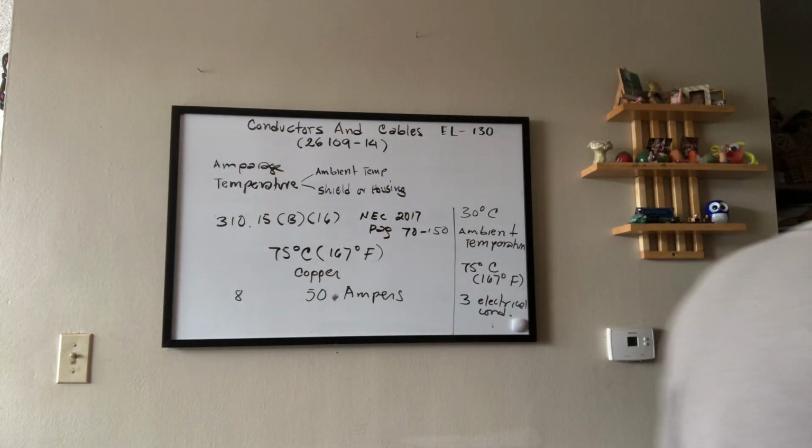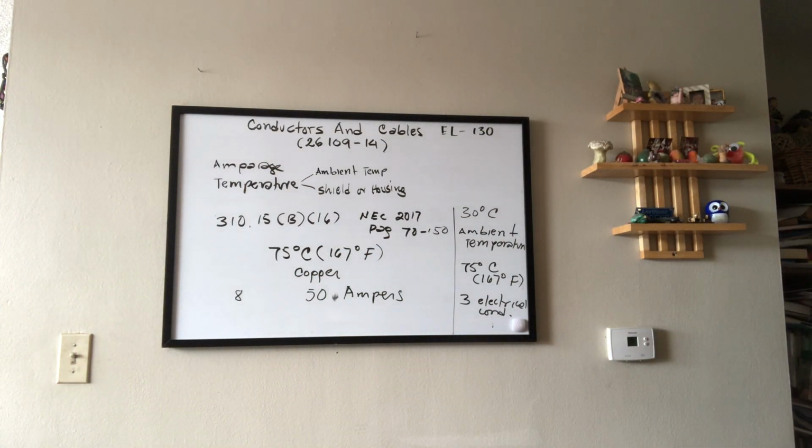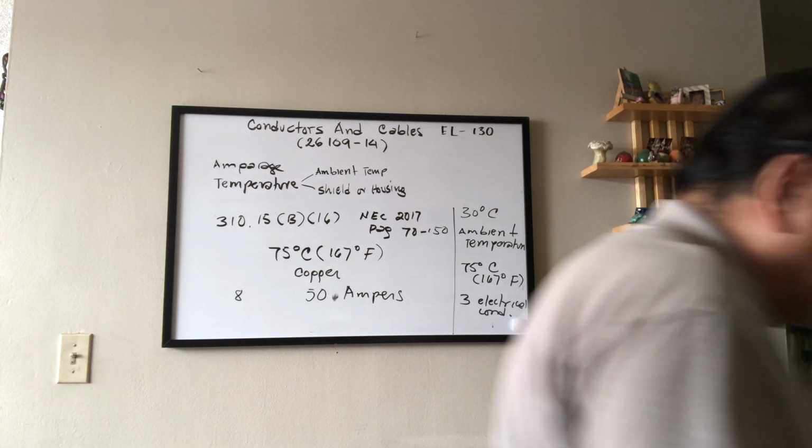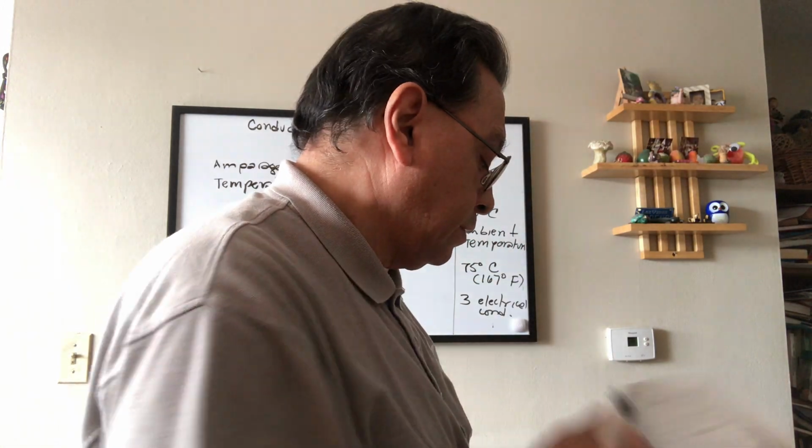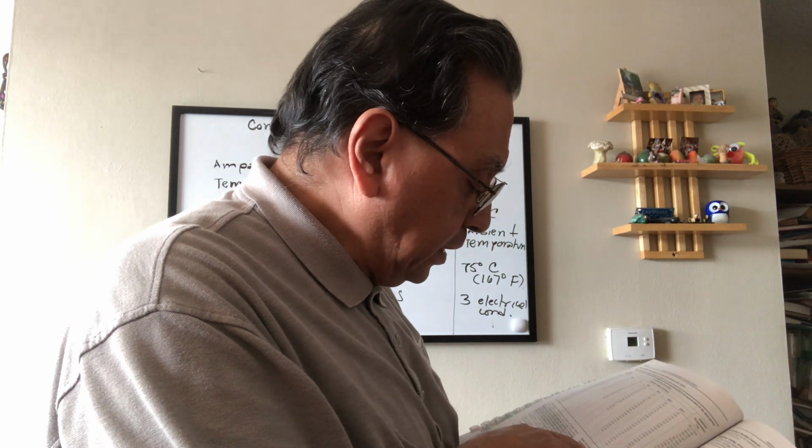There is another table on the NEC. The table is 310.15(B)(3)(a), adjustment factor for more than 3 current carrying conductors.